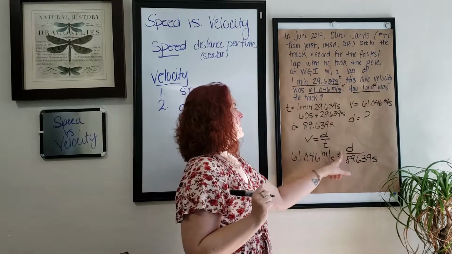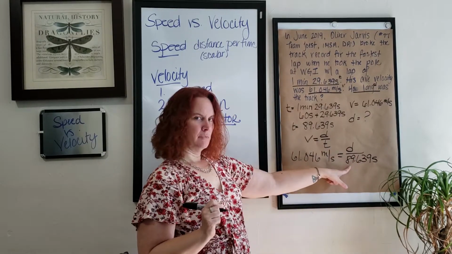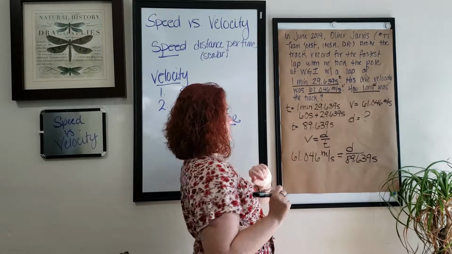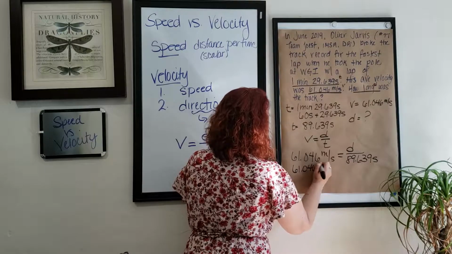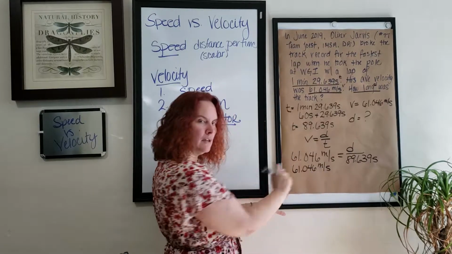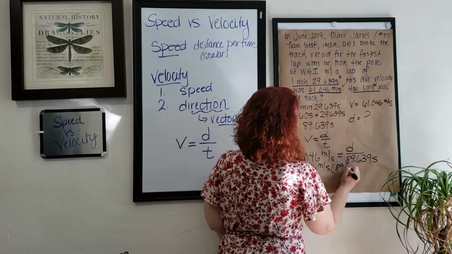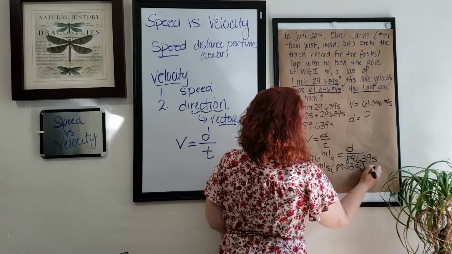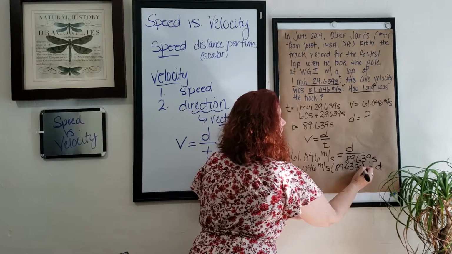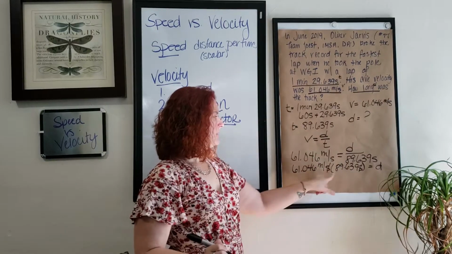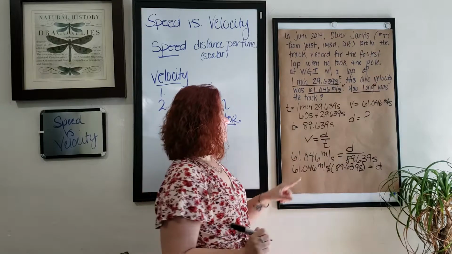So in order to get our distance by itself, we have to multiply on both sides by our 89.639 seconds. Keeping our units together. So we keep our seconds, and now we can get rid of these because when they multiply out, they go away. And now we're just left with our meters.